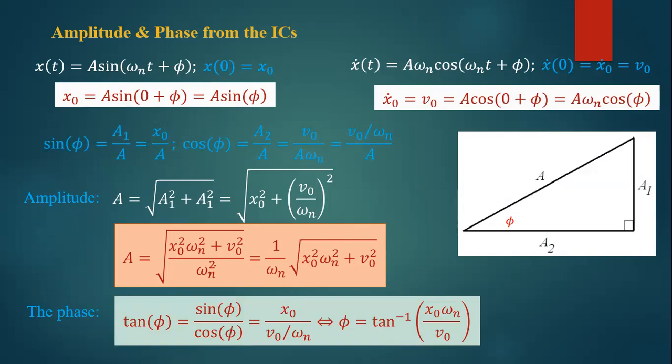When we make some rearrangement of this, multiplying and dividing the terms, we can get this type of equation. This is the maximum amplitude for this sine or cosine representation. The phase is tan phi, which is sin phi over cos phi, so phi is equal to tan inverse of this term.